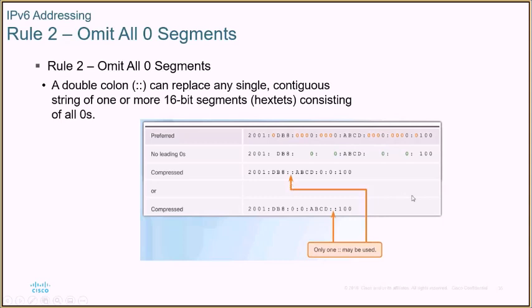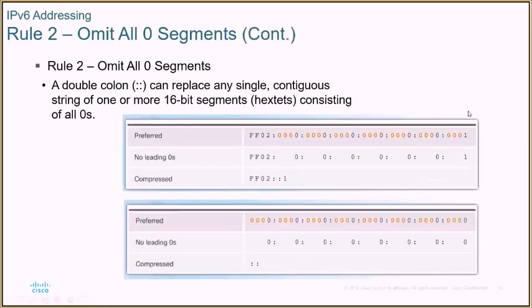So you can only do this double colon compression once. So basically, if you see here, this compression has taken this address down to that. That's certainly very useful.